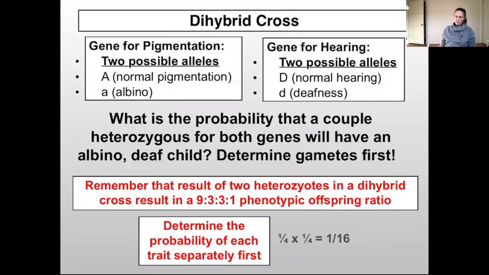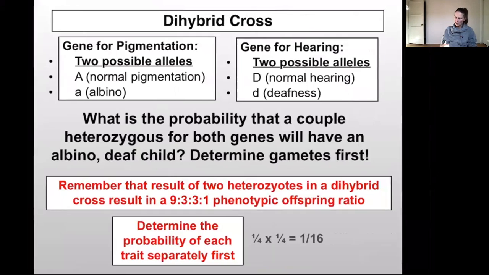Okay, so let's do an example of a dihybrid cross for human traits. Here we have a gene for pigmentation where you either have normal pigmentation or you can be albino if you're recessive, and you have a gene for hearing. Big D is normal hearing, little d is deafness. So what is the probability that a couple heterozygous for both genes will have an albino deaf child?